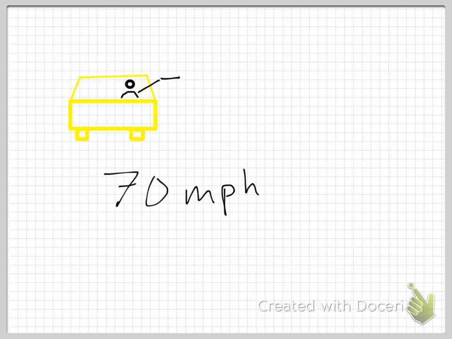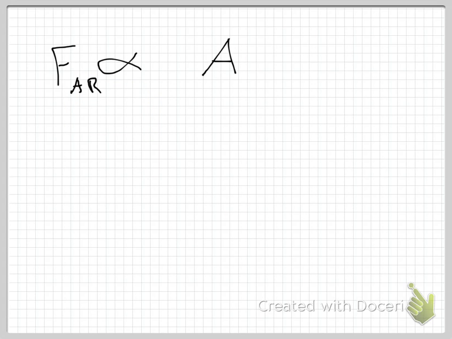It's still there. There's still a force. You're still doing 70 miles per hour with your hand out the window, but the force is by far less than it was when your hand was open. So this is what we mean when we say cross-sectional area. What I've done is I've reduced the amount of surface area that I'm presenting to the wind or the air that's causing this force.